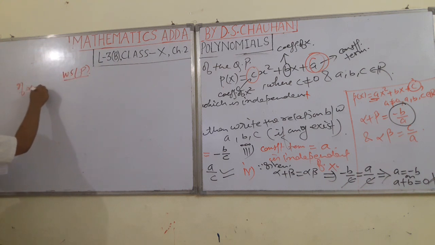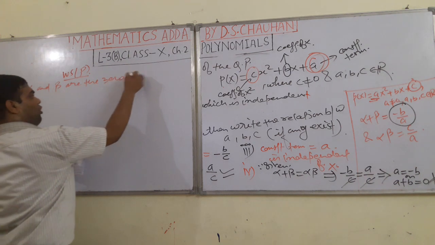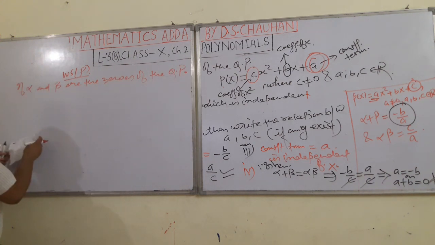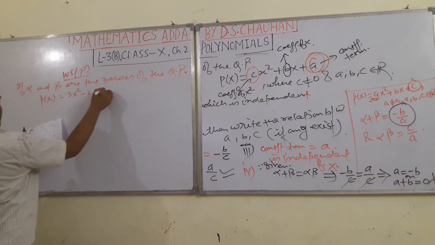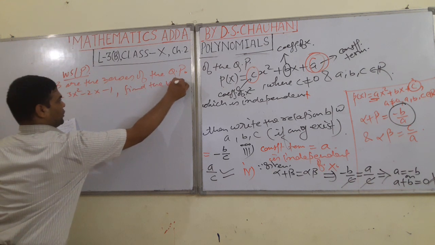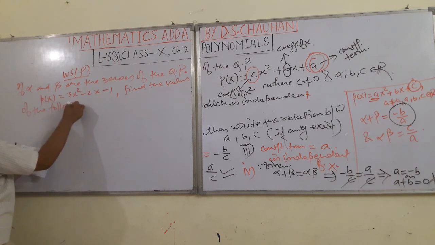If alpha and beta are the zeros of the quadratic polynomial p(x) = 3x² minus 2x minus 1, find the values of the following.